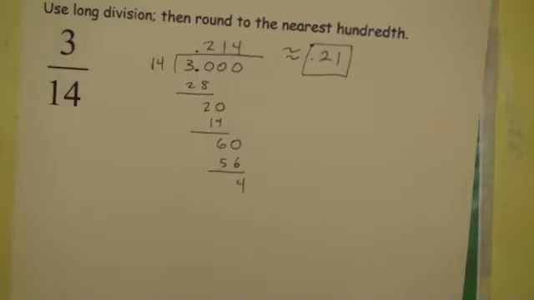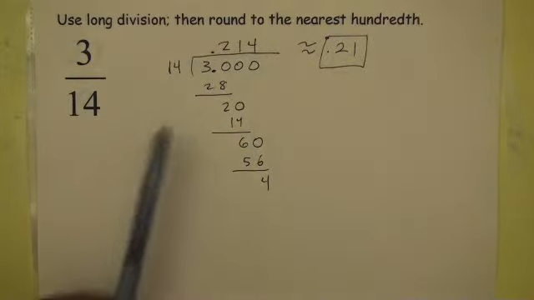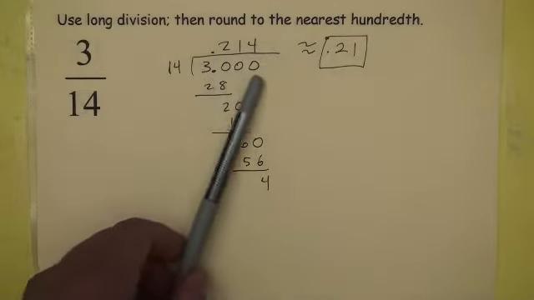All right. Next one, we have use long division, then round to the nearest thousandth. Well, 3 divided by 14, we definitely cannot divide 14 into 3. So we can get a decimal version of the story, and we would just change the 3 to 3.000.